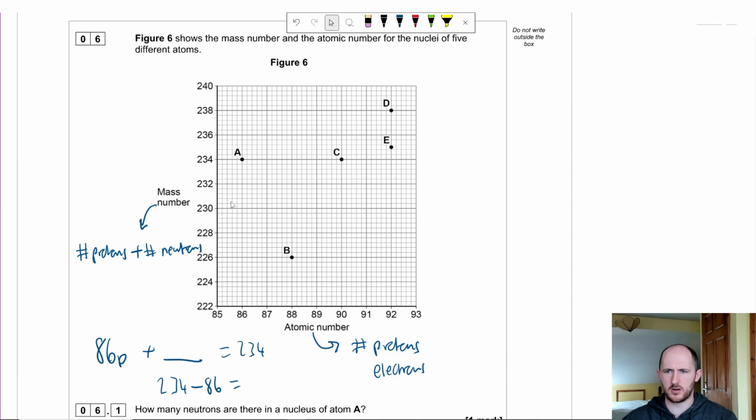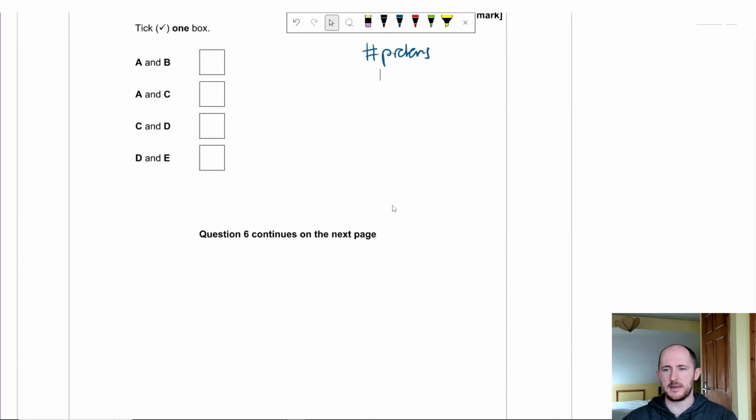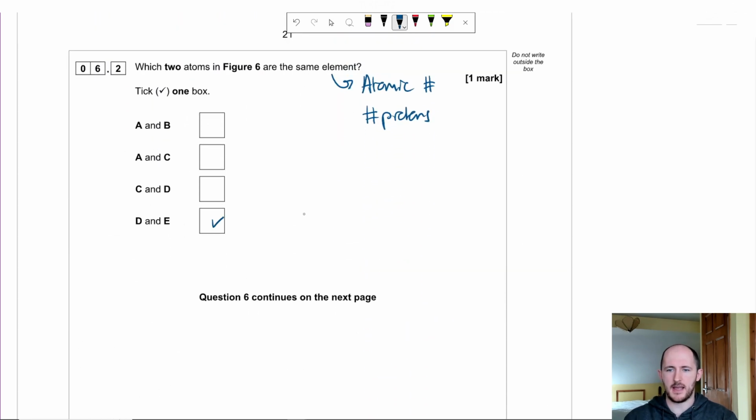So what I'm going to do is look along here, and I see that E and D have the same atomic number. That means they are the same element. They are just different isotopes. So if you have the same atomic number but a different mass number, it means you have a different isotope, so a different version of the same element.